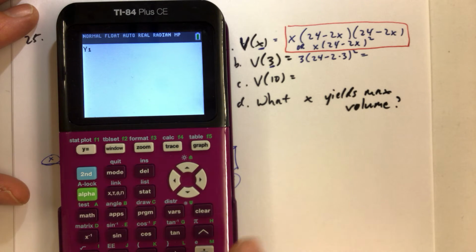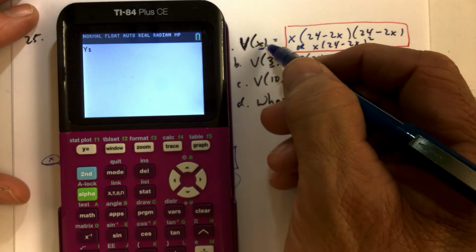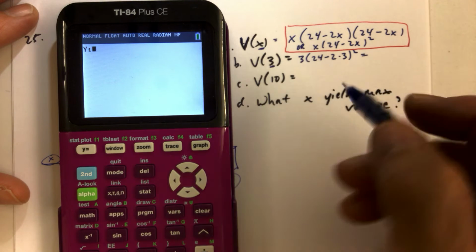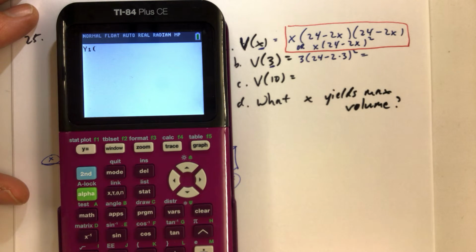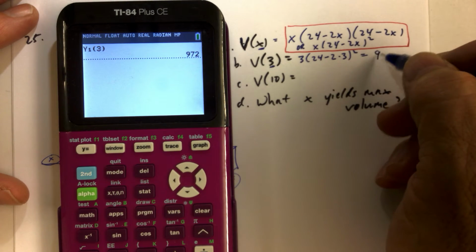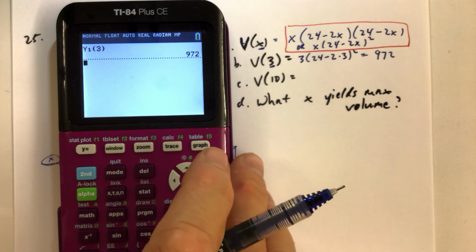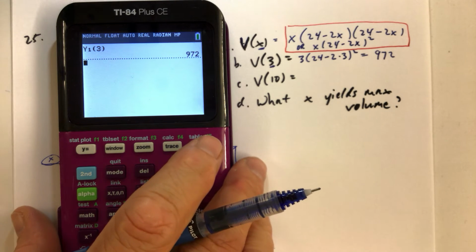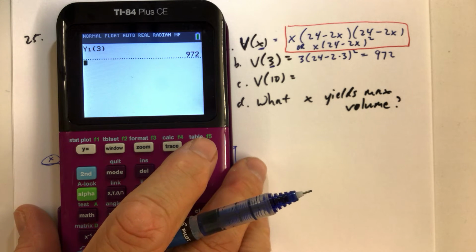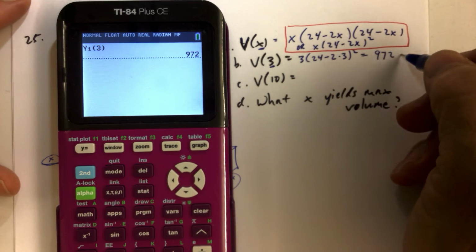If you named it v of x, then you would just type v of 3, and it would give you the right value. In using a graphing calculator, you would just do y1 of 3, and you would get 972. And since this problem does have meaning, these are inches, right? So that would be cubic inches. Volume is always in terms of 3 dimensions.